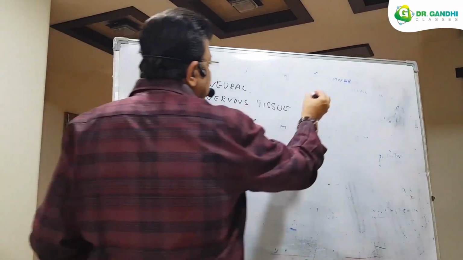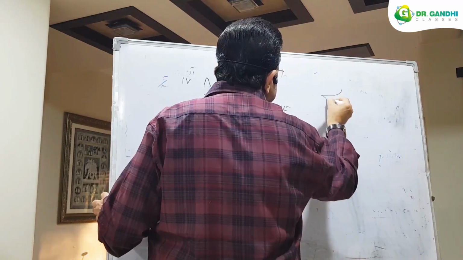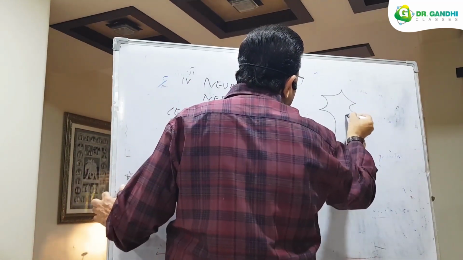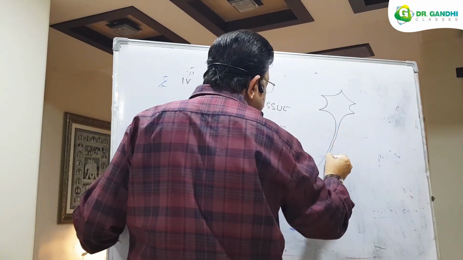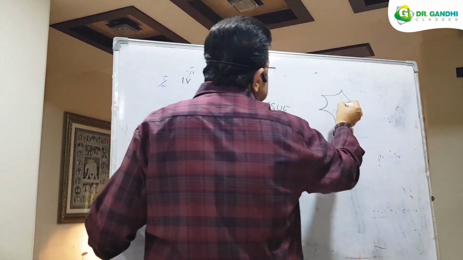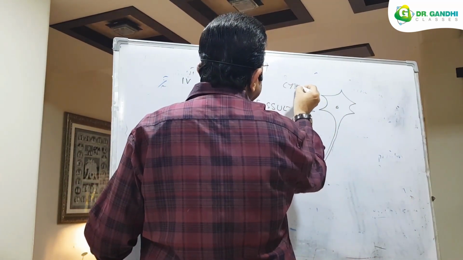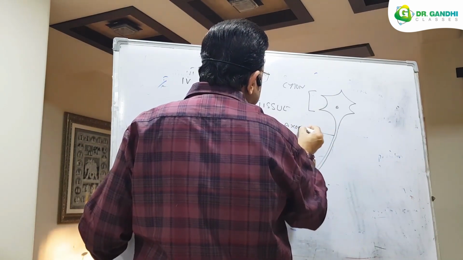A neuron then has a star-shaped body with the tail. The star-shaped body is known as cyton. The tail is known as axon.